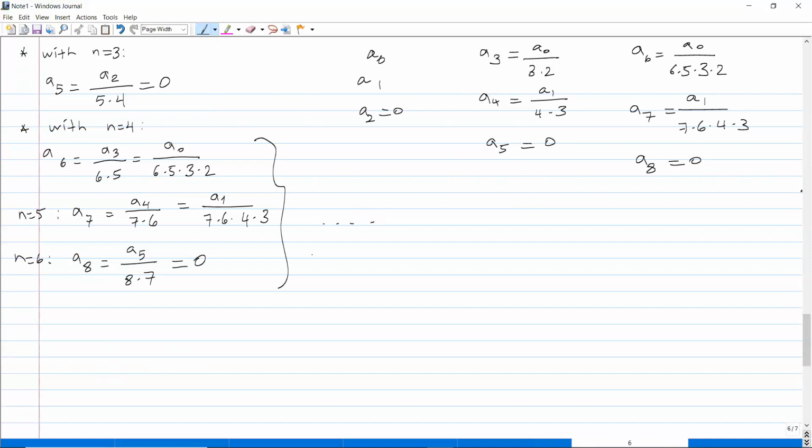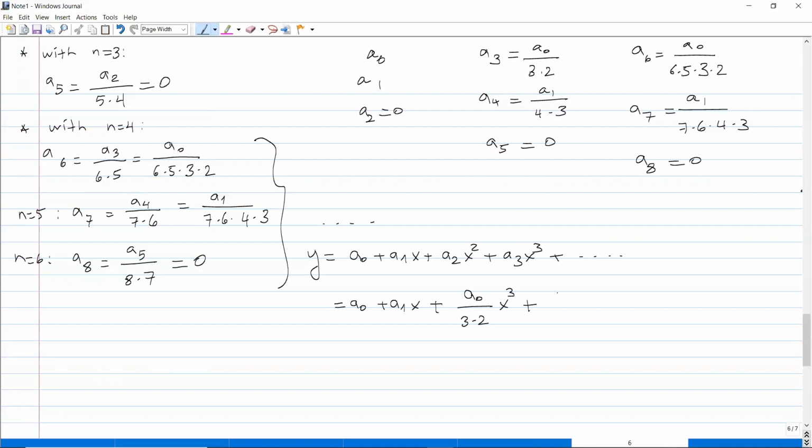Okay? So the solution, remember, y is a0 plus a1x plus a2x squared, a3x cubed, and so on. So a0 plus a1x, a2 is 0. Then for a3, a0 over 3 times 2, x cubed.